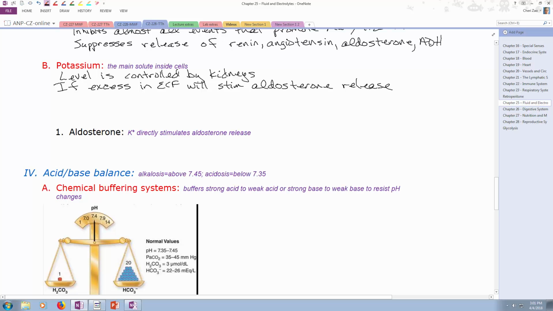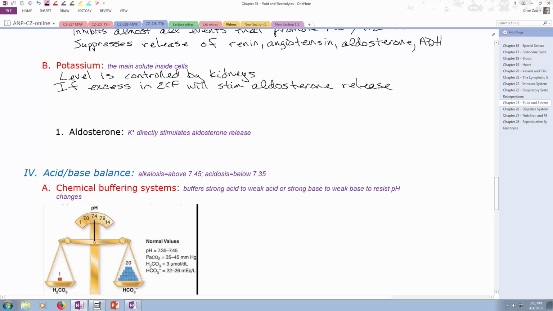With aldosterone release, again, we're saving sodium and therefore water and excreting potassium, thereby bringing ourselves down to a more normal level of potassium, which is typically a 4.0.